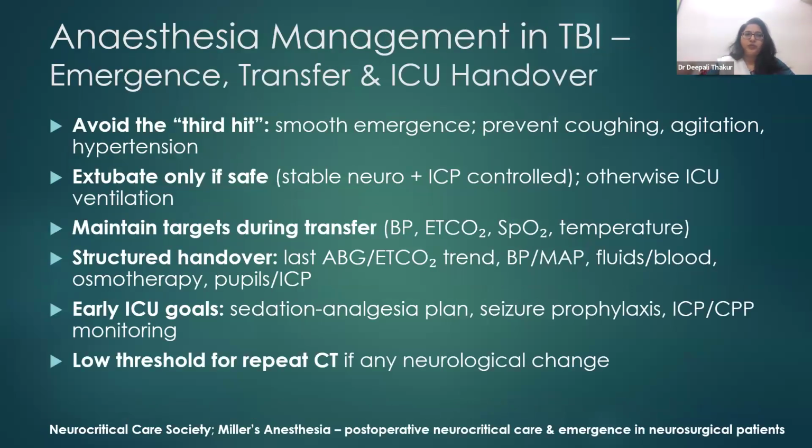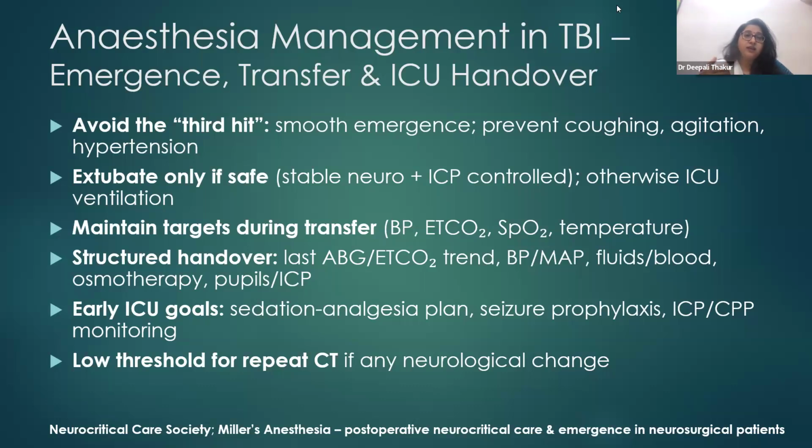Now coming to emergence and transfer and ICU handover, avoiding the third hit is very important. So whenever the surgery is done, smooth emergence from anesthesia is very important. Prevent any coughing, bucking, agitation, hypertensive responses, even at extubation.